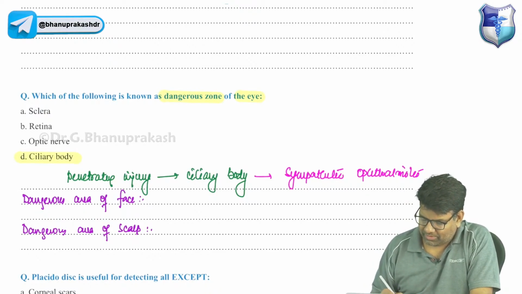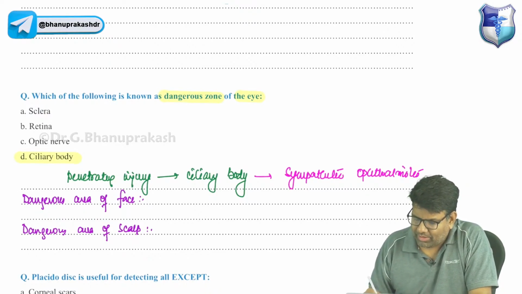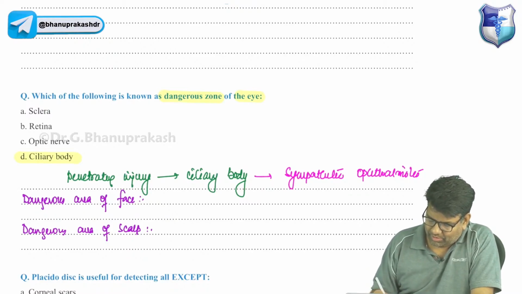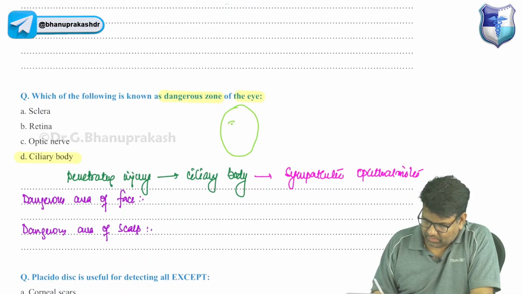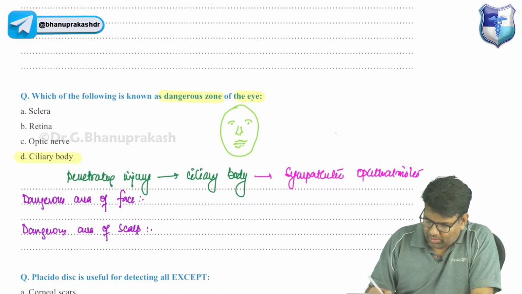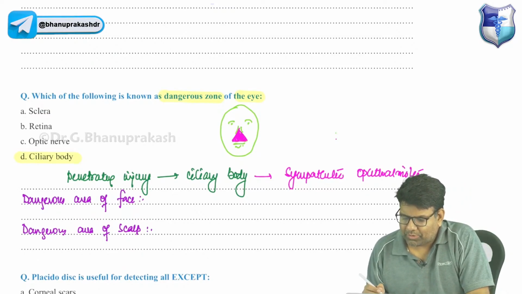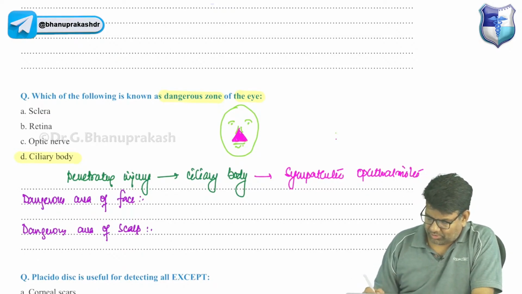What about face? Very good, very good. So suppose if this is face, then this all area is known as the dangerous area of the face. Yes, absolutely right. Pratik, you are also right.